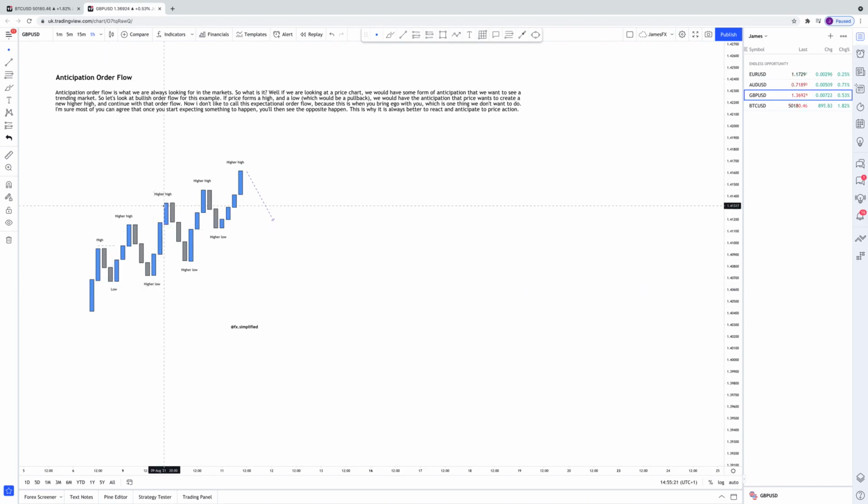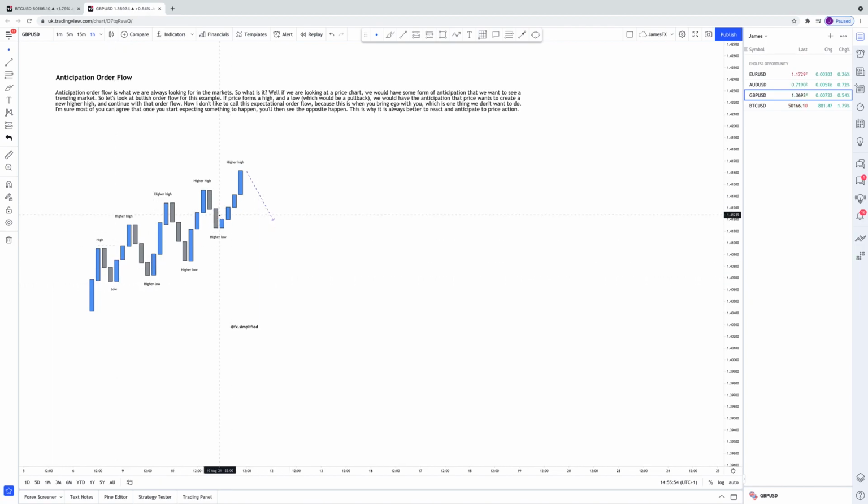So if we're looking at this area here and price comes in to break the higher low, but it comes into this area which is unmitigated, just for an example, then that would not be classed as the order flow to the upside stopping. Basically it's continuing. So when we're looking at unmitigated areas and liquidity, price can break the most recent higher low and our bullish order flow can still continue to the upside.